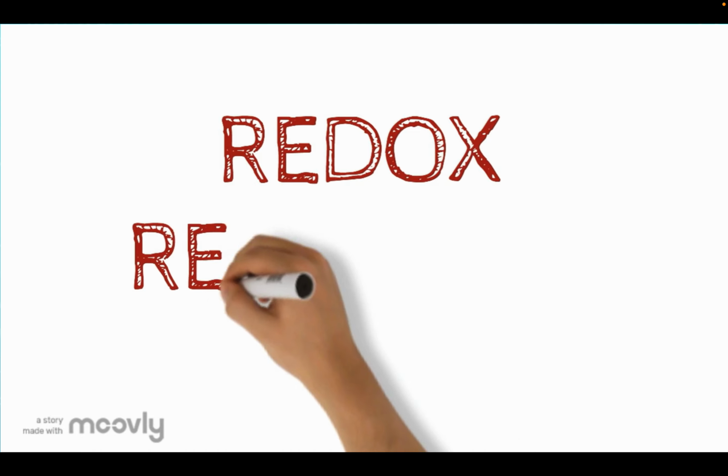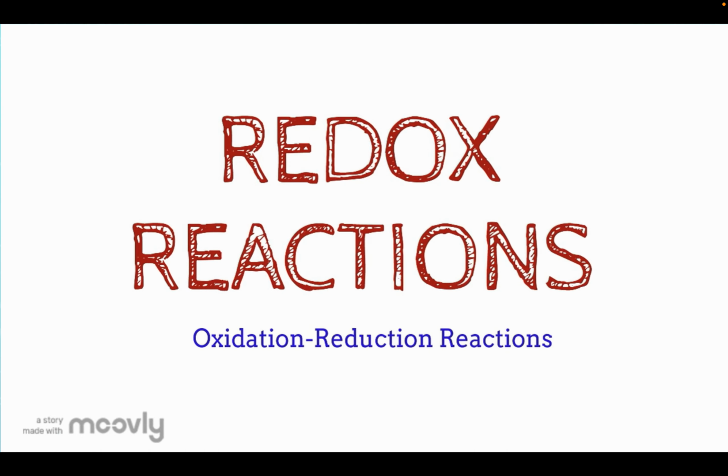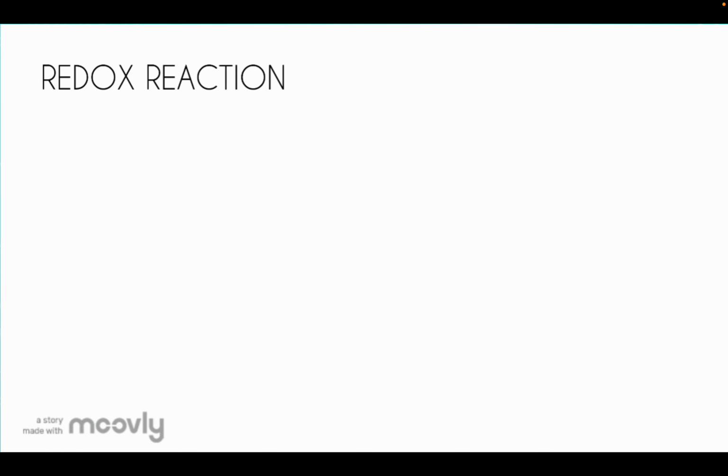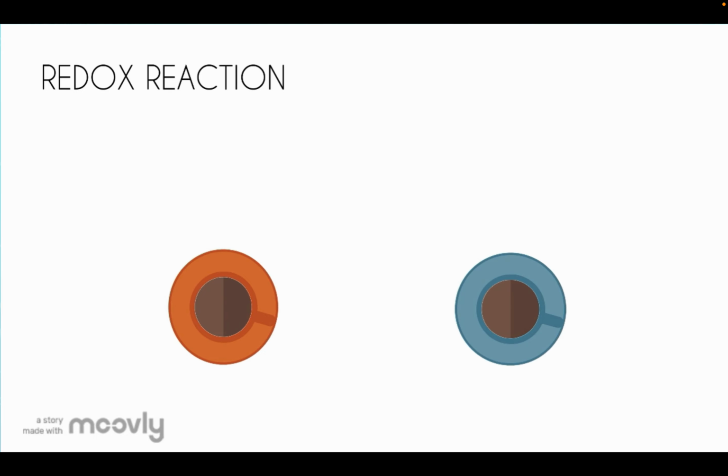In this video, we will be talking about redox reactions or the oxidation-reduction reactions and its practical application to the real life. Redox reaction involves the movement of electrons from one atom to the other. It means one atom is actually losing electrons while the other is gaining that electron.